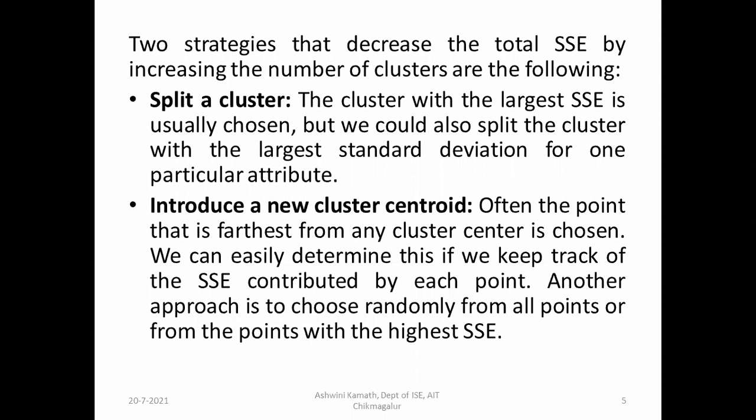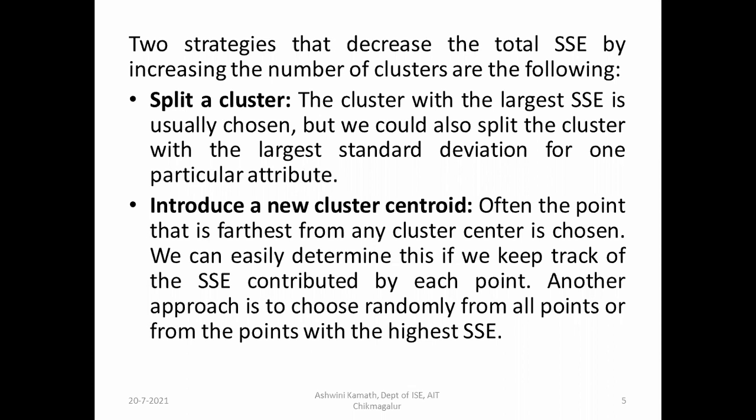We can easily determine this if we keep track of the SSE contributed by each point. So we can store the values of the sum of squared error somewhere, and check for each point which is contributing, that is, which is making the SSE value increase.